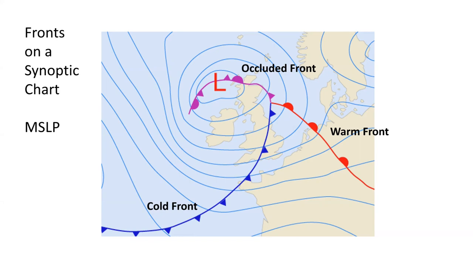So these are your synoptic charts, occasionally referred to as MSLP, meaning mean sea level pressure. And what you've also got at the top end of this low, very common, is that the cold front has caught up with the warm front and has led to an occlusion. We'll go into a little bit more detail on occlusions a little later.